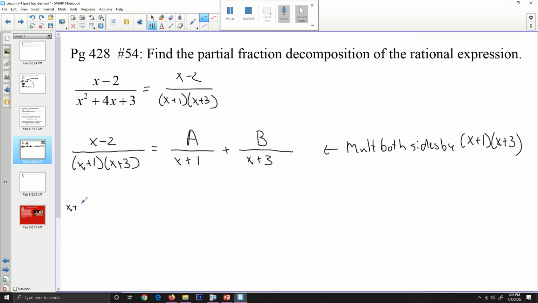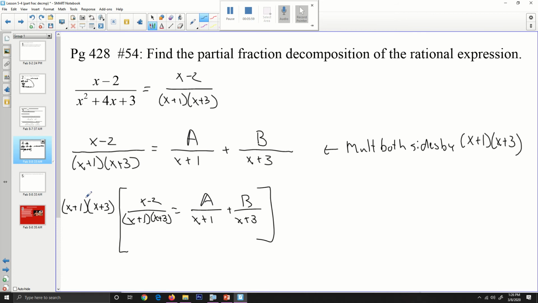So x plus 1, and it's going to be small, and I apologize for that, x plus 3 times this whole thing. So x minus 2 over x plus 1 times x plus 3 equals A times x plus 1 plus B times x plus 3. All right, so I'm distributing this x plus 1 times x plus 3 to these two terms.